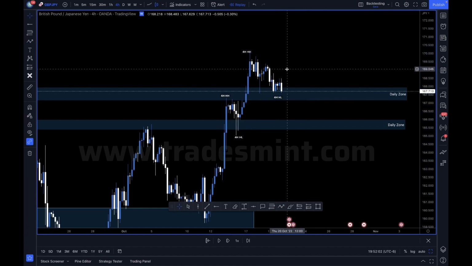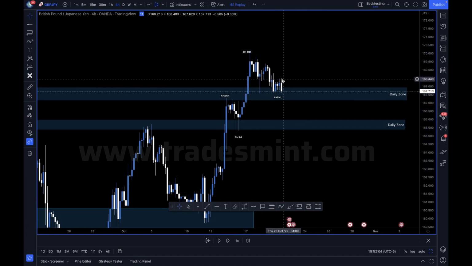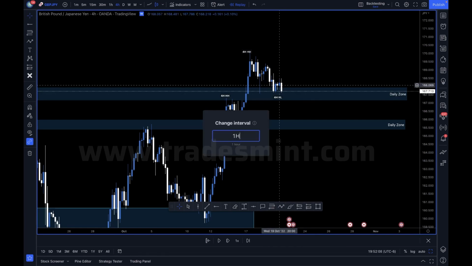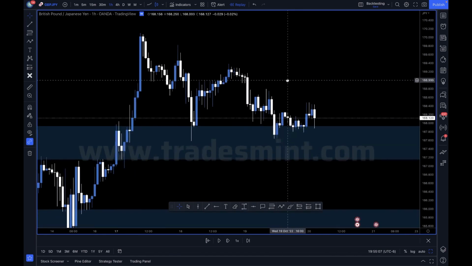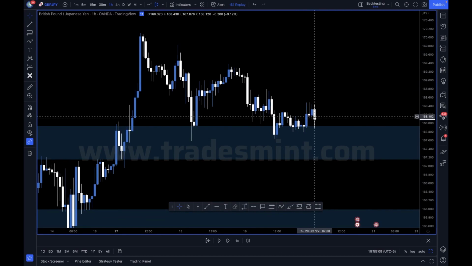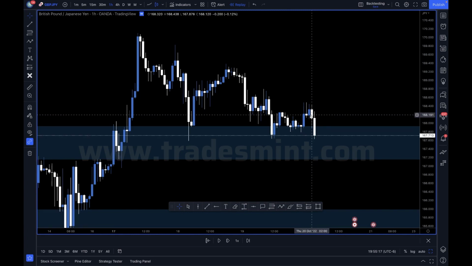So now let's see what session. The session is about to open for London. So we're going to go to the lower time frame. Price is in our zone. And now this is the 2 o'clock. We're going to see what happens for the London Open. As price pushes down at the open, we have a bearish candle on the 1 hour.